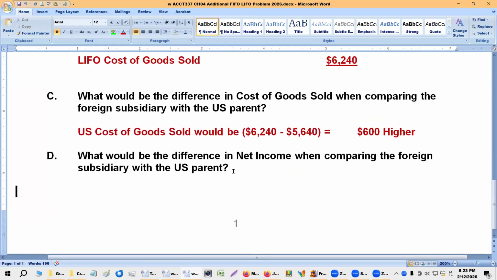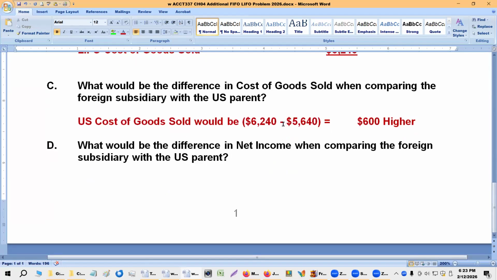Okay, what would be the difference in net income when comparing the foreign subsidiary to the US? So our cost of goods for that subsidiary are higher by 600. So what's that going to do with the income? I'll give you two choices. It's going to increase the income by 600 or it's going to decrease the income by 600 when they translate it.